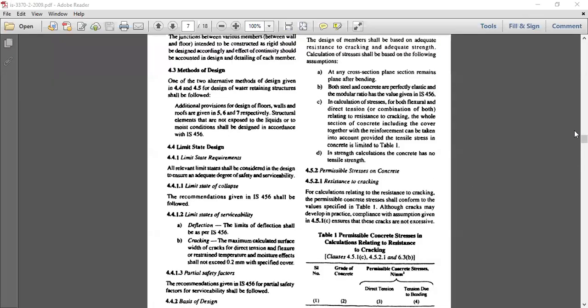Now let us see the theory part of the water tanks. I'll just share my screen again, and then we will see the code.